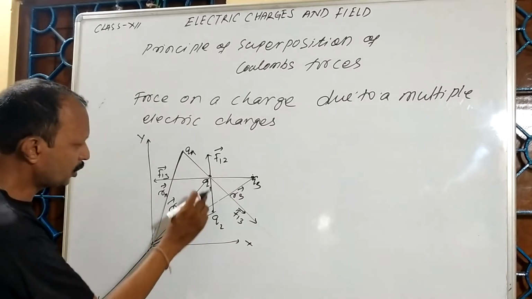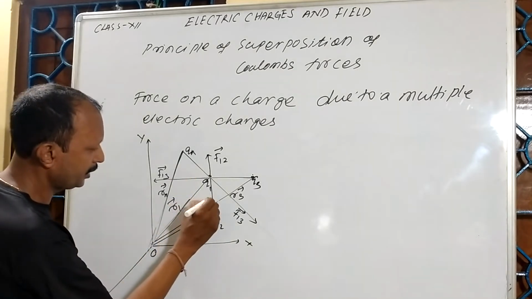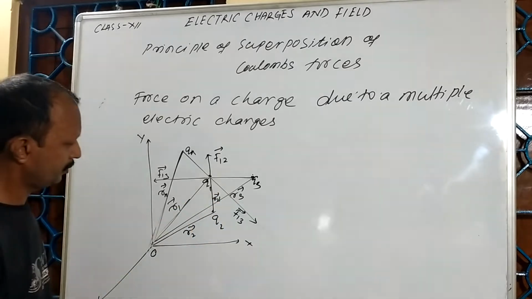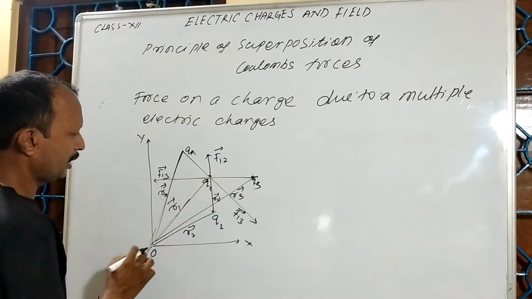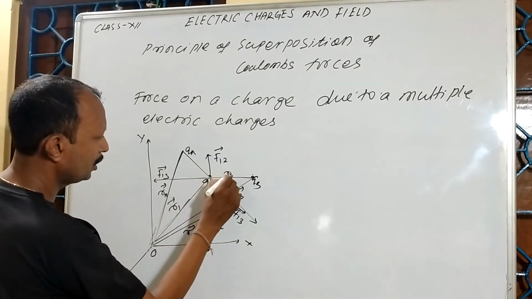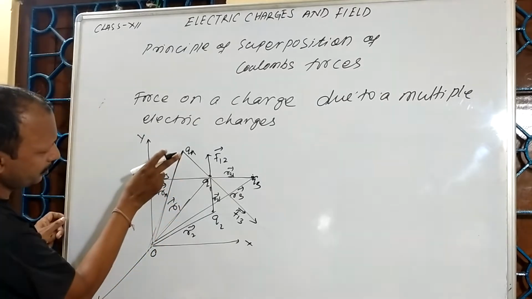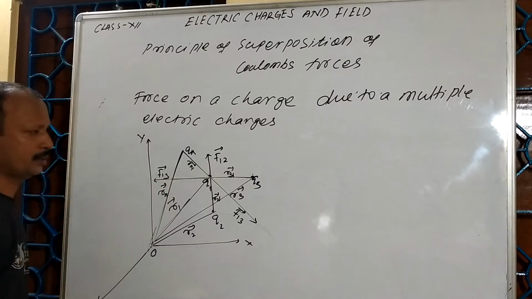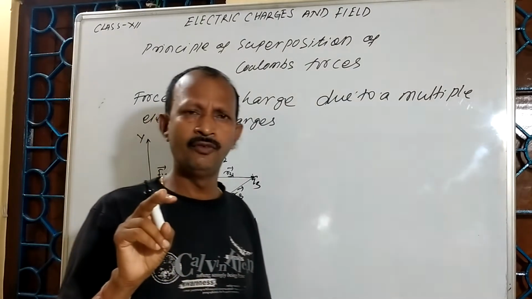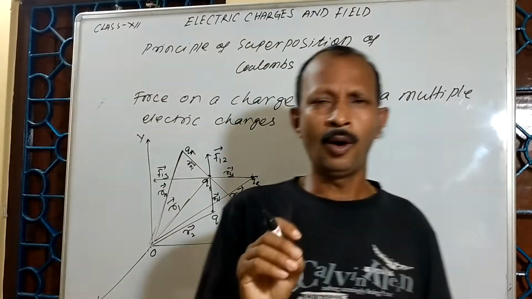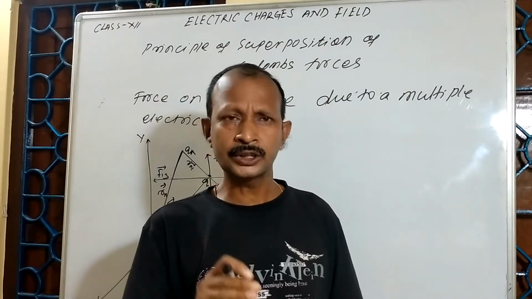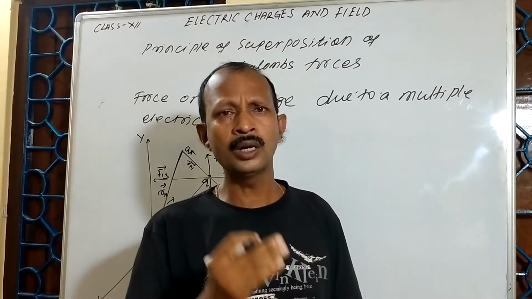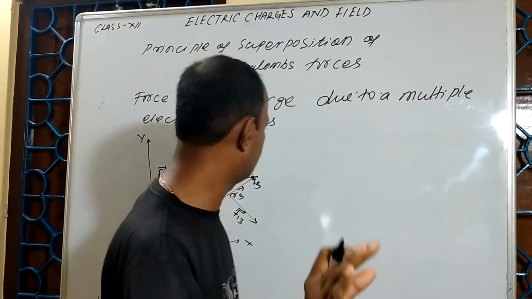And from Q2 to Q1, the distance I can mention as R21 vector. This one I can mention as R31 vector. Here to here I can mention Rn1 vector, because I have written that the force acting on a point charge is the vector sum of all the forces acting due to all other point charges.